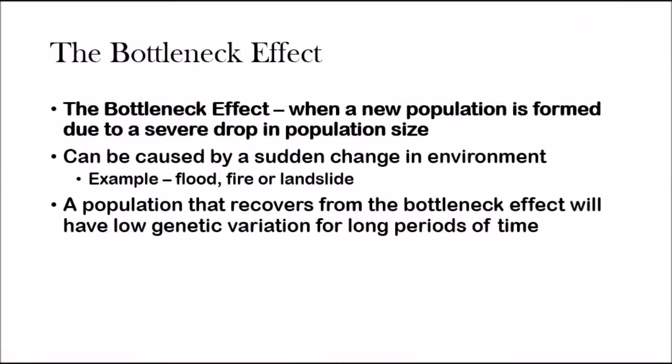The second type of genetic drift is the bottleneck effect. The bottleneck effect is when a new population is formed due to a severe drop in population size. So basically, a catastrophic event happens, like a flood, a fire, or a landslide, and the population which recovers from the bottleneck effect will have low genetic variation for long periods of time.